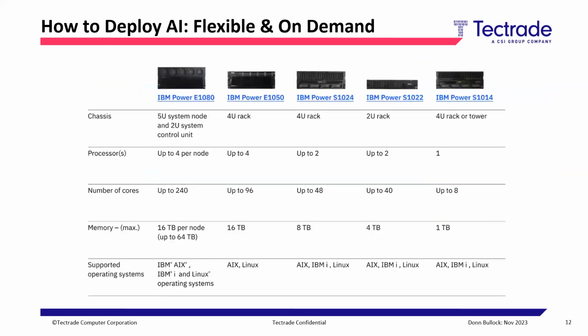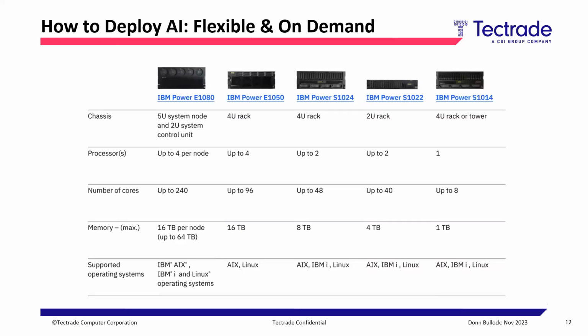Let's keep going. When you look across the portfolio, you've got a number of different avenues. What I would say is these are flexible, but they're also on demand. Capacity on demand is a feature of all of these different systems, and they all run at different capabilities. This is really just designed to give you a sense of, just like every server portfolio, being able to start small and scale, or start massive and get bigger.